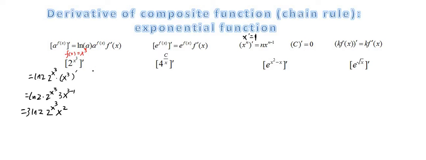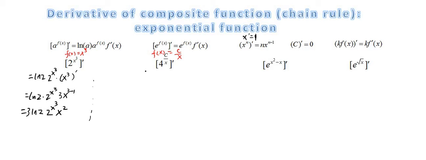Okay, now let's take a look at the second example. For the second example, we know the base a equals 4. Okay, so what is f(x)? f(x) is c over x.